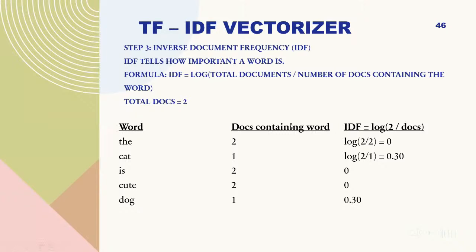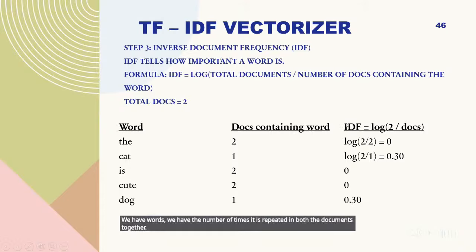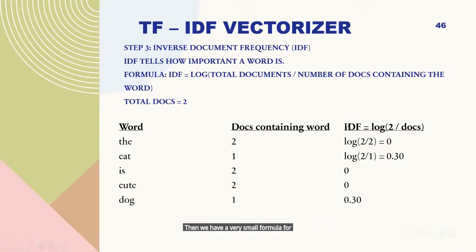Yeah, thank you. So you can see here, I'll repeat it again. We have words, and the number of times each is repeated in both the documents together. Then we have a very small formula for the vectorization, TF-IDF, that is IDF is equal to log of total number of documents divided by the availability of the word in the documents. Totally we have 2 documents.